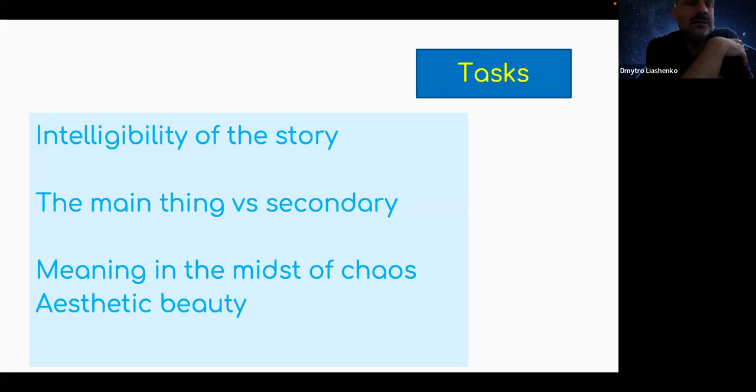We should distinguish the main things from secondary things. We should create a kind of meaning in the midst of it and put aesthetic beauty in our work.